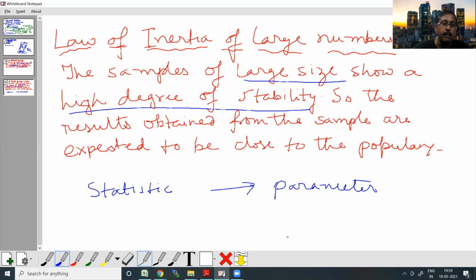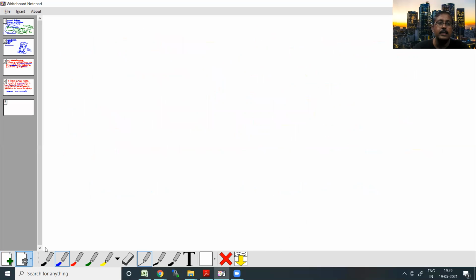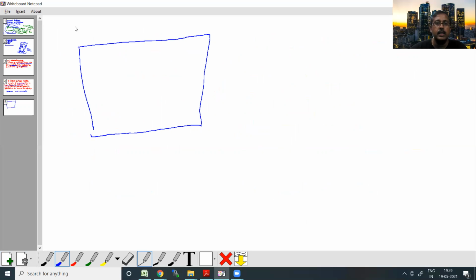Now we come to where these concepts have been used in machine learning. I'm sure most of you know about machine learning to a large extent, and in machine learning we have an input data set. I take a portion of that input data set and segregate it.